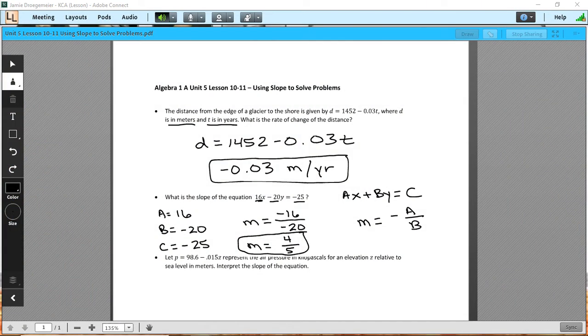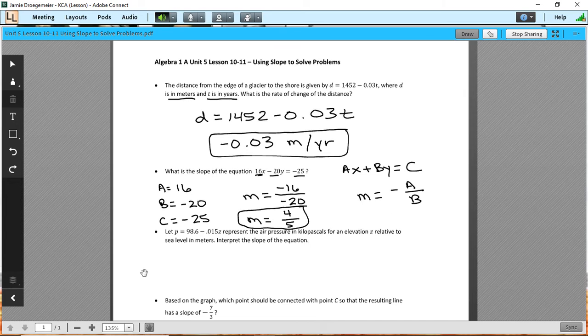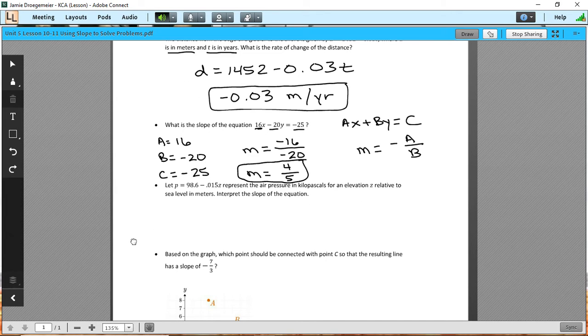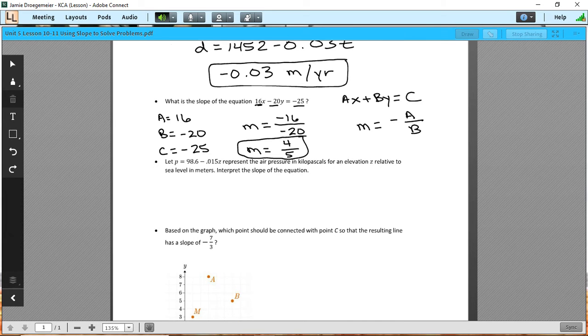All right, moving on then to the next problem. Let me scroll my screen up here. This one says we have an equation. It says let P equal 98.6 minus 0.15 Z. And that equation is going to represent the air pressure, and the units are kilopascals.